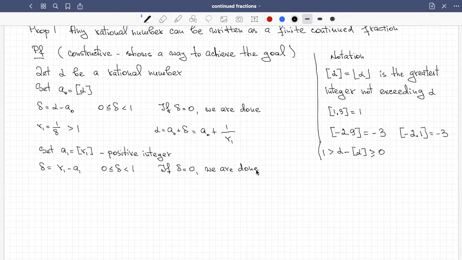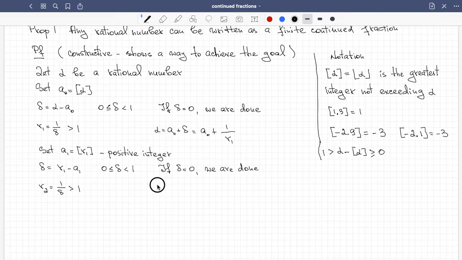If delta is not 0, we introduce now R2 to be 1 over delta, and again, this is bigger than 1, because delta is strictly smaller than 1. So flipped is strictly bigger than 1. This is our second remainder.